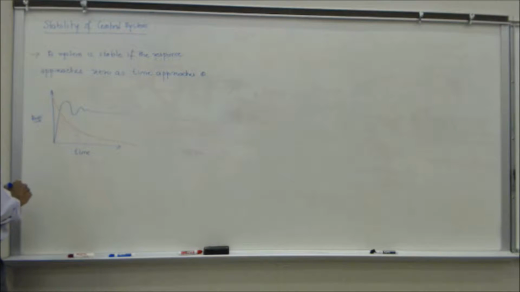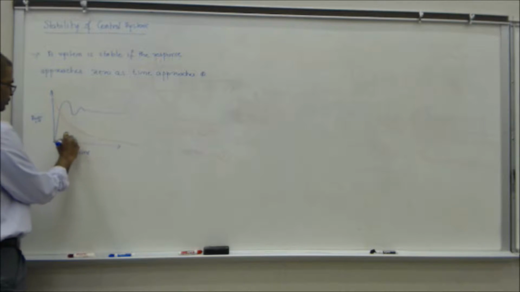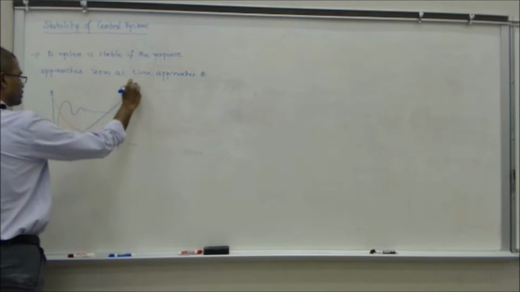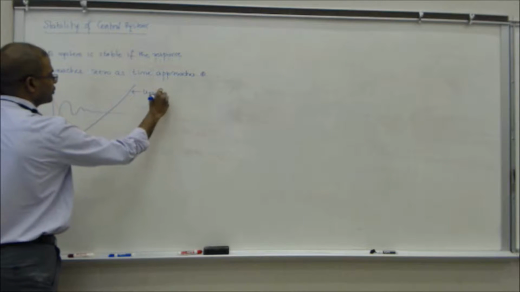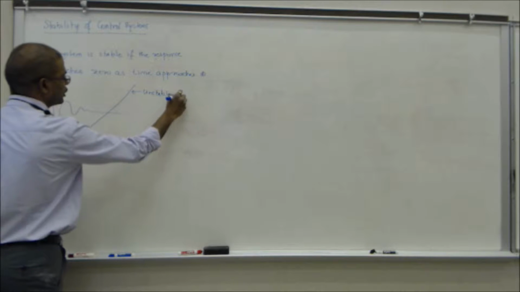On the same lines, if the response of the system is approaching infinity as time approaches infinity, then it is unstable. So if you're looking at something like this, then this is an unstable system.